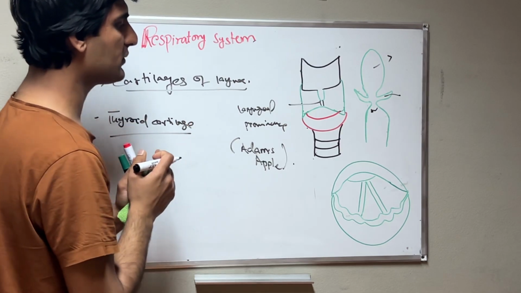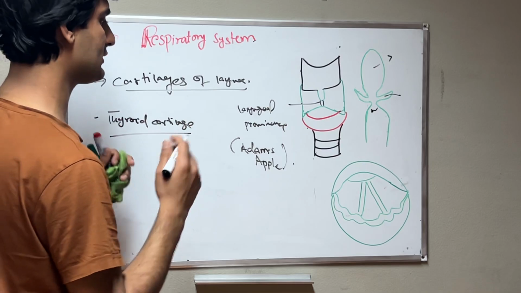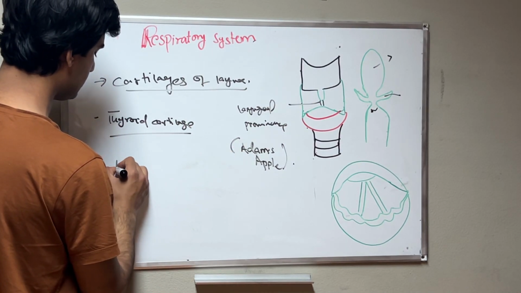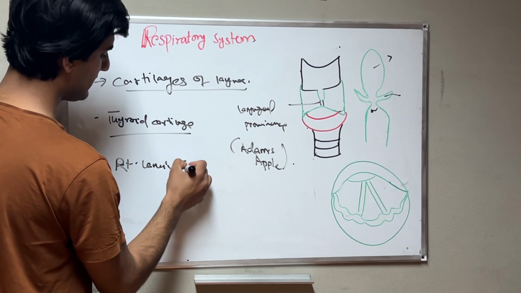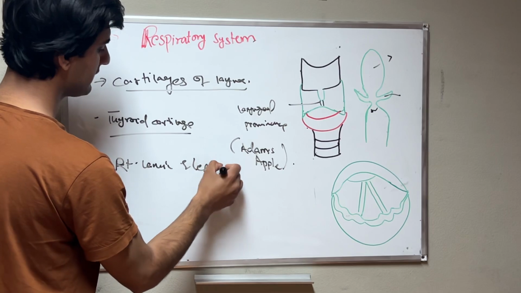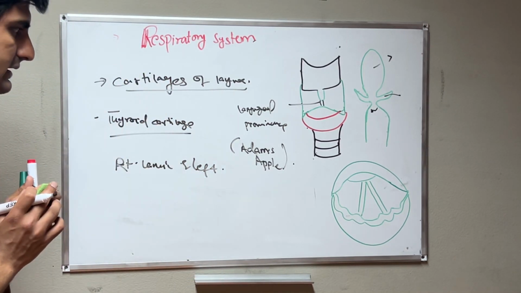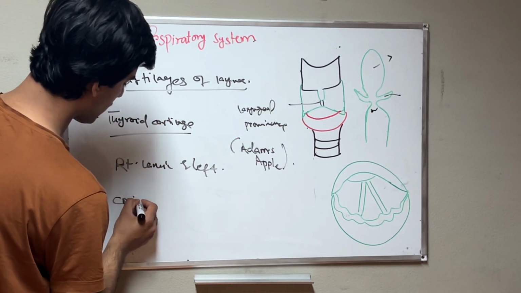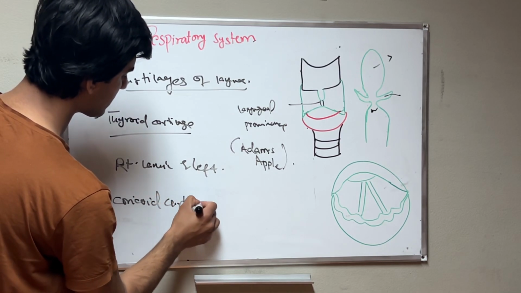And this laryngeal prominence divides the thyroid cartilage into 2 plates or 2 laminae, the right lamina and the left lamina. Then we have the cricoid cartilage.